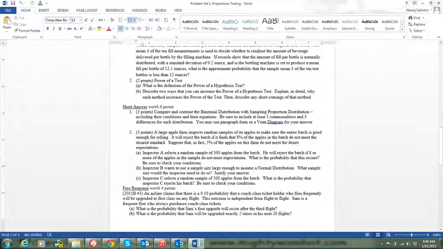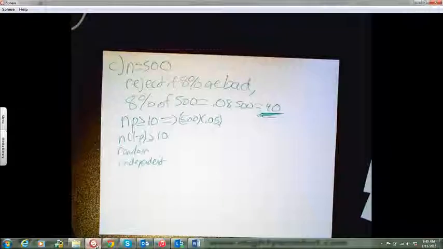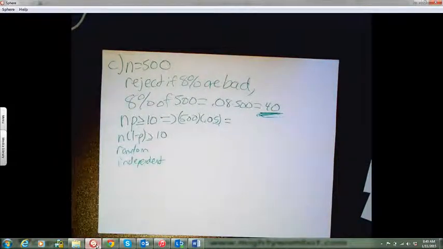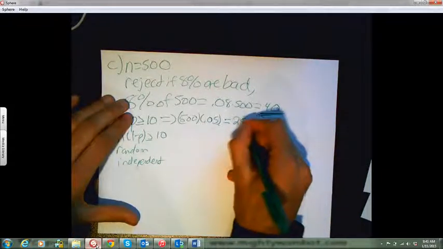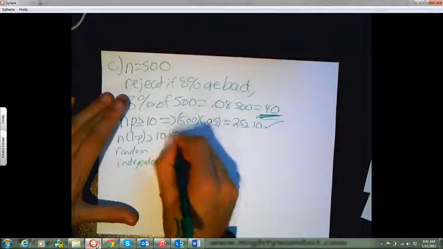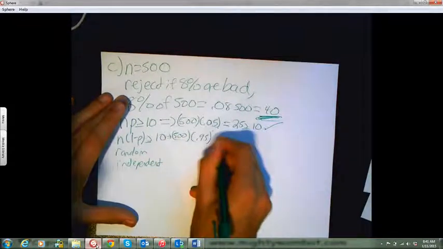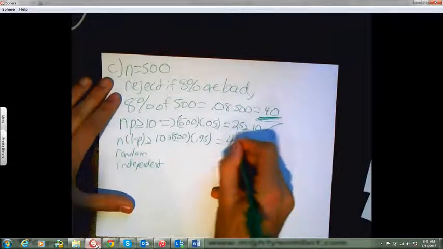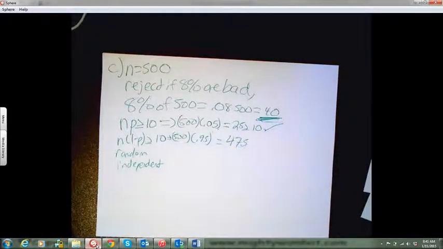So 500 times 0.05 is 25, which is greater than or equal to 10, so we're good there. 500 times 0.95 equals 475, which is greater than or equal to 10, so we're good there.